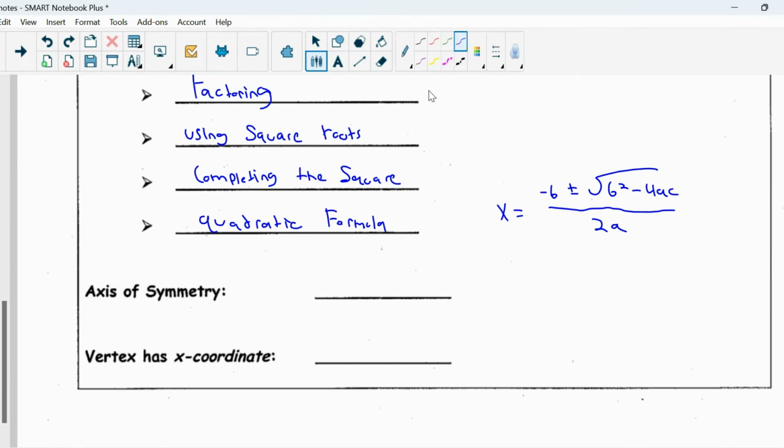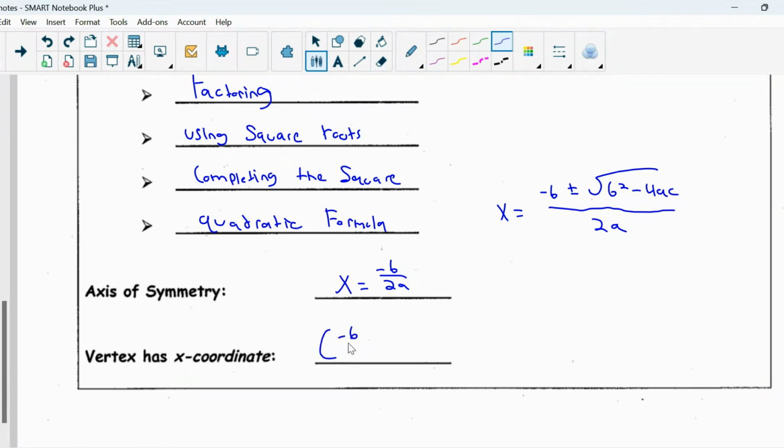To find the axis of symmetry, we can use the formula x equals negative b over 2a. As you can see, x equals tells us that we have a vertical line, which is true of the axis of symmetry, but we can also use this formula to help us find our vertex.